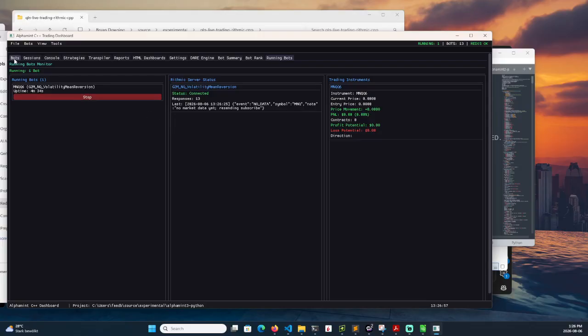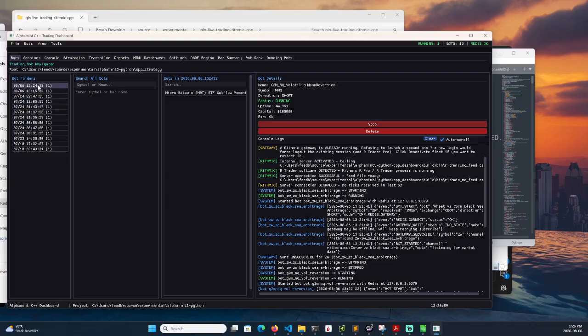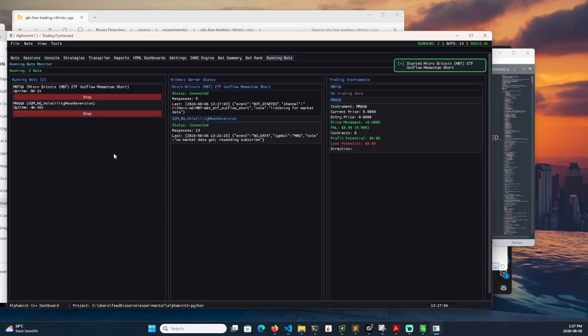So in this case, if I have the Bitcoin right here, I could start that, and then it would be available to start trading, and I could stop it. You can see it's giving me the potential profit and loss in real time as it runs.